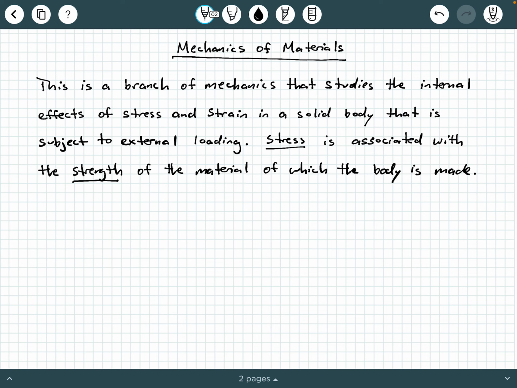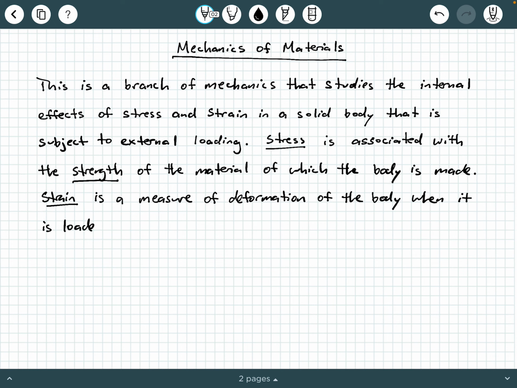And then we have strain. Strain is a measure of deformation of the body when it is loaded. So this is the very basic idea of stress and strain. I'm going to underline the word deformation because that's an important word we need to kind of store in the back of our minds, okay?